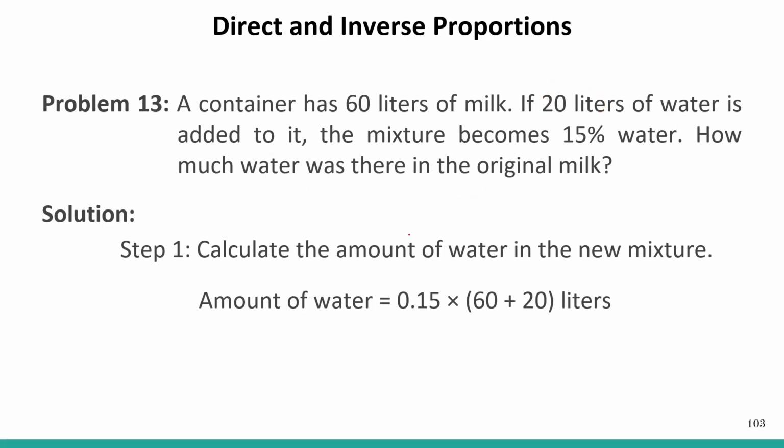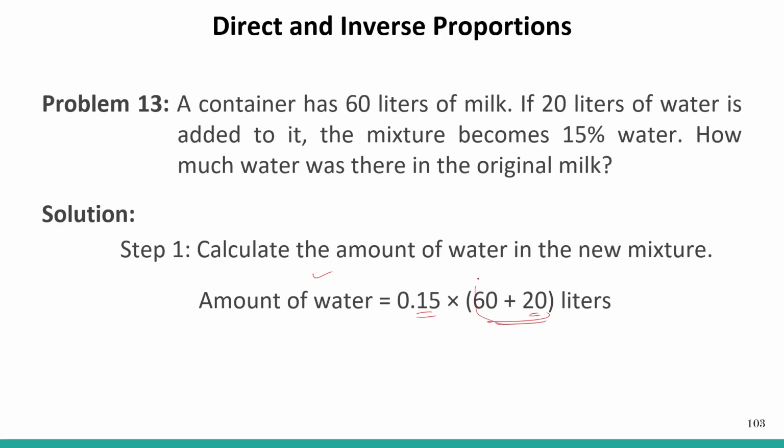So let's calculate the amount of water in the new mixture. Amount of water is equal to 0.15 times (60 + 20) liters, because the container had 60 liters of milk and we added 20 liters of water.